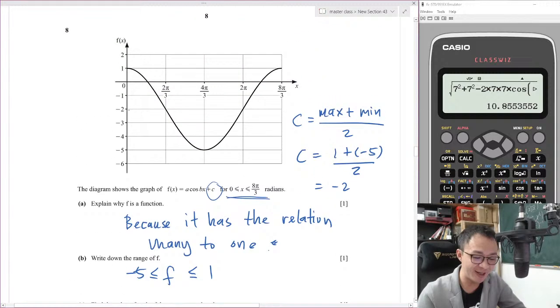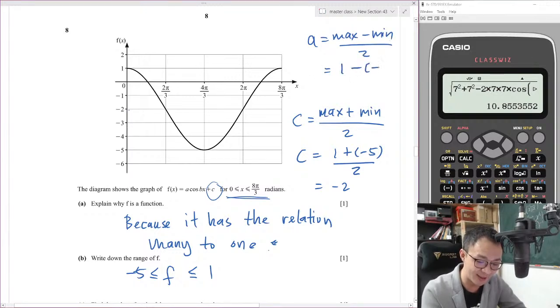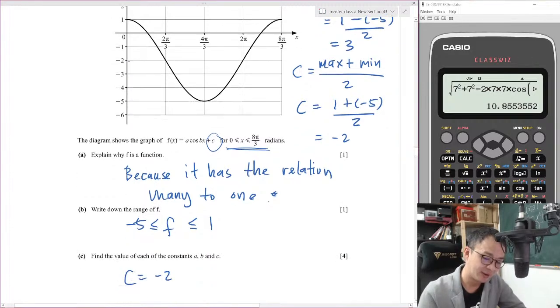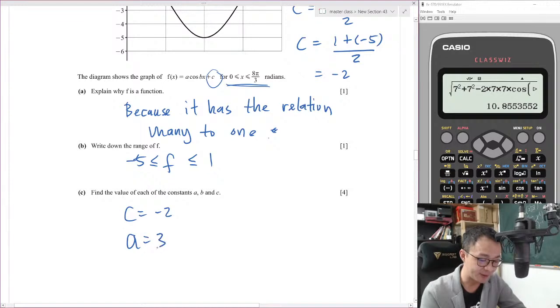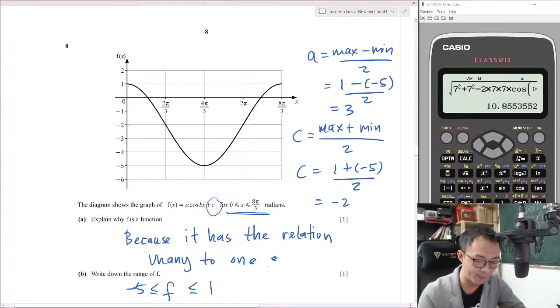To find a, there is a formula as well: maximum minus minimum over 2. So 1 minus -5, divided by 2. The amplitude will be 3, so a will be 3. For bx, you need to know what one period is.